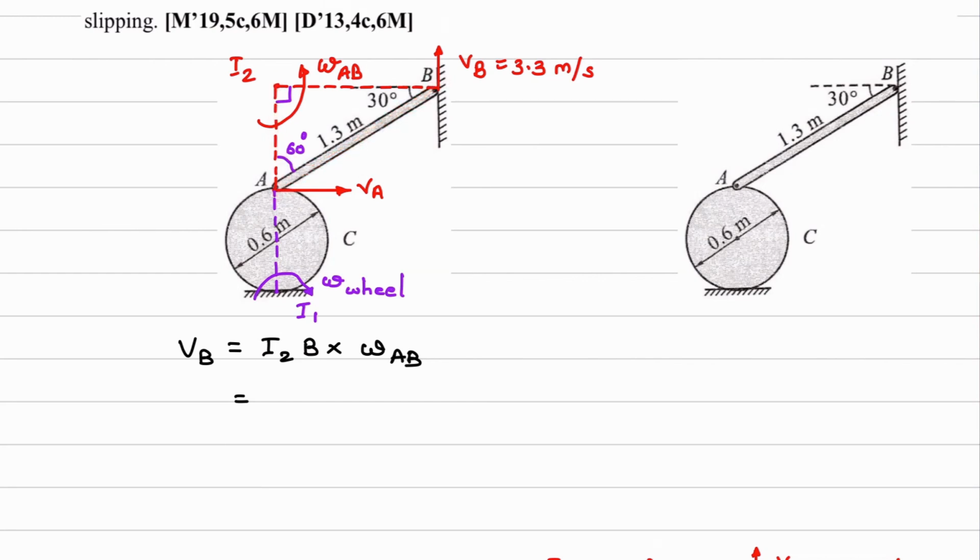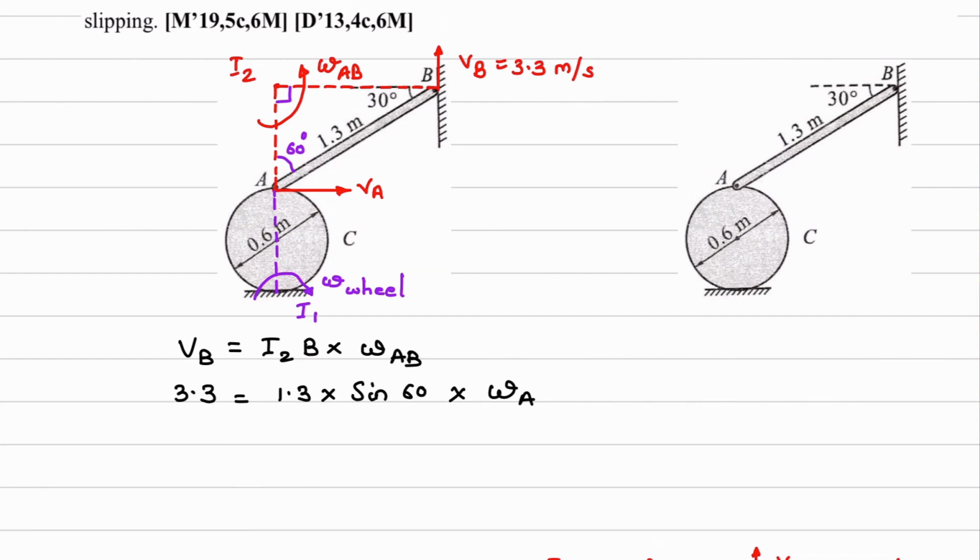So I2B is opposite of 60 degree, so this will be sine. I2B I can write as, hypotenuse is AB, so AB, which is 1.3, into sine 60, into omega AB, and VB is 3.3.